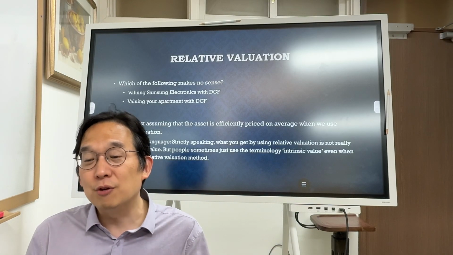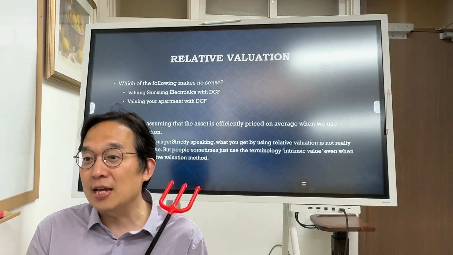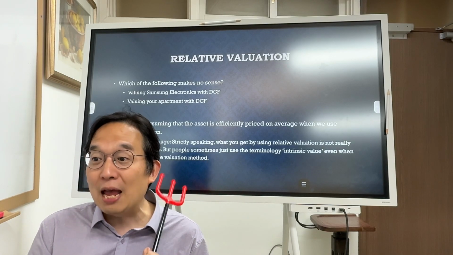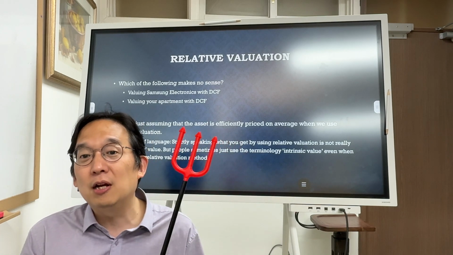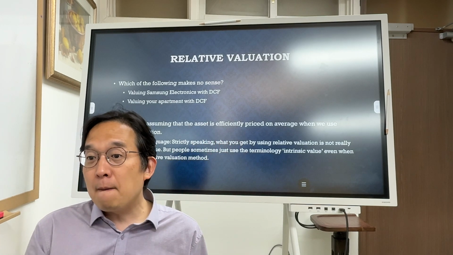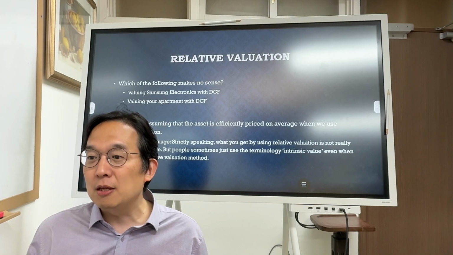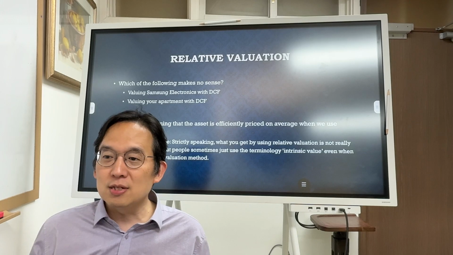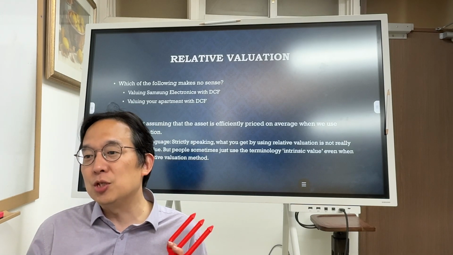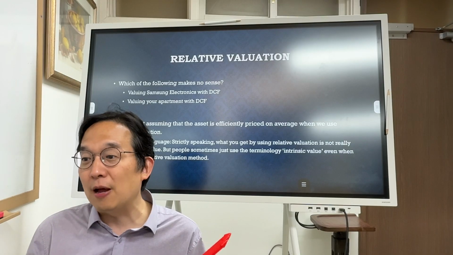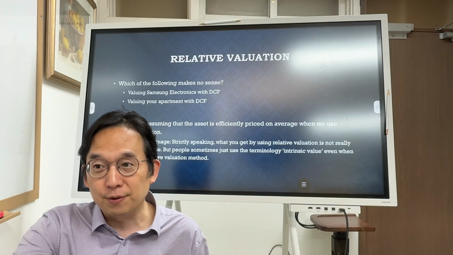That is relative valuation. We are just assuming that the asset is efficiently priced on average when we use relative valuation. This is our critical assumption. There's an abuse of language. Strictly speaking, what you get by using relative valuation is not really intrinsic value, but people sometimes just use the terminology intrinsic value even when they use the relative valuation method.